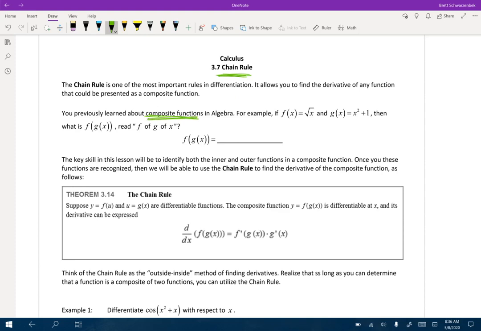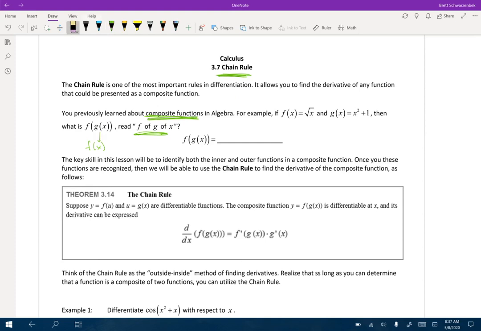So for what you would have seen in the past, you would have seen something like this: f of g of x. So basically I have a function f, and then I want to take the function g of x and put it in for wherever I see x. So g of x for wherever I see x.